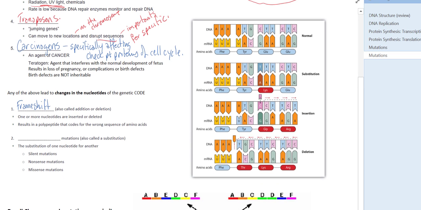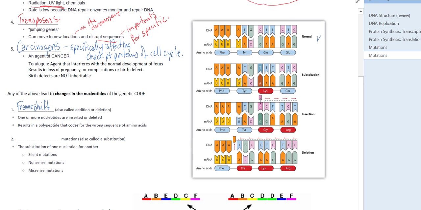If you look over here in this image, we've got our normal DNA and the mRNA that results, and the amino acids that would result from those mRNA codons. So in the case of an addition or a deletion, we may also call that an insertion, so addition or insertion.